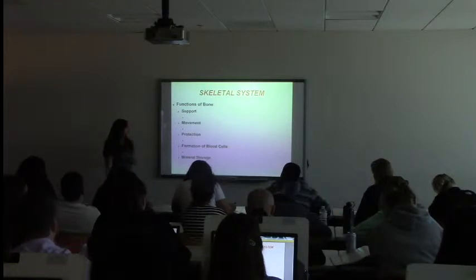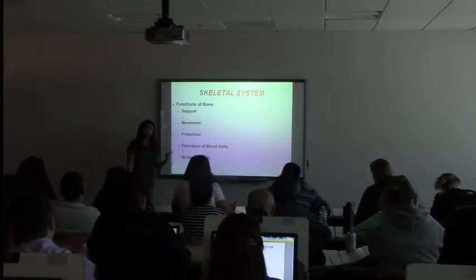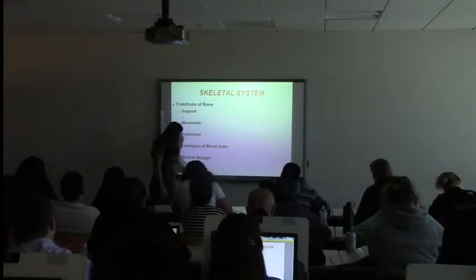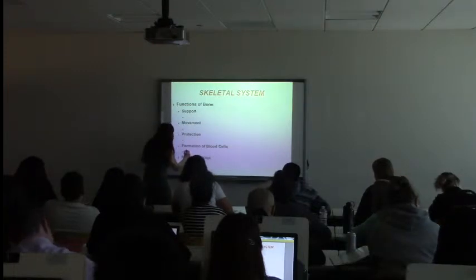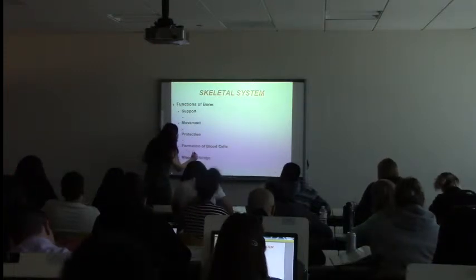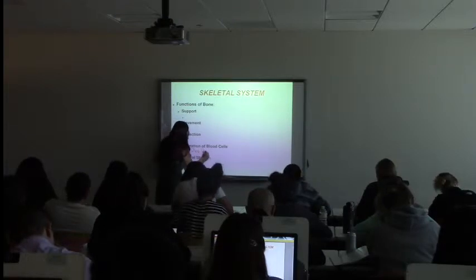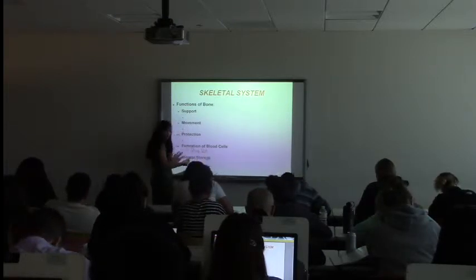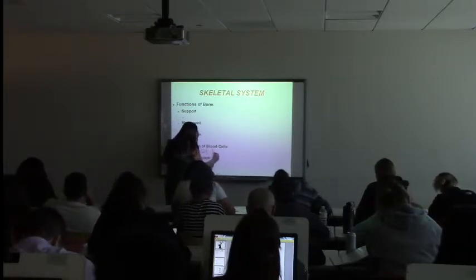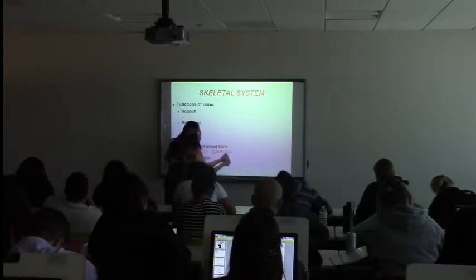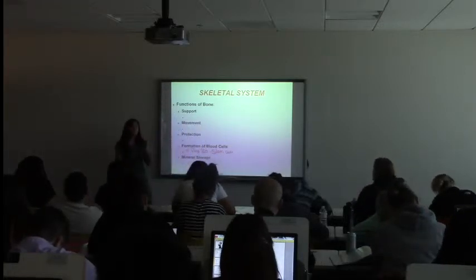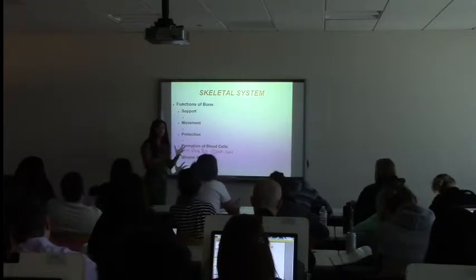Formation of red blood cells. In your bone, your red bone marrow, you have a special cell called stem cell. Okay? Now, a stem cell is said to be a precursor cell. Okay? It's still not mature.